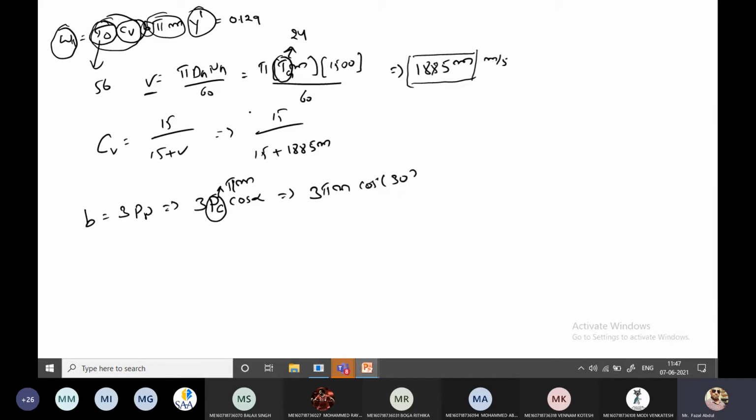Now everything is written on the screen. Substitute all the values and we will get the module. WT, how much did we get? 18600 by module.